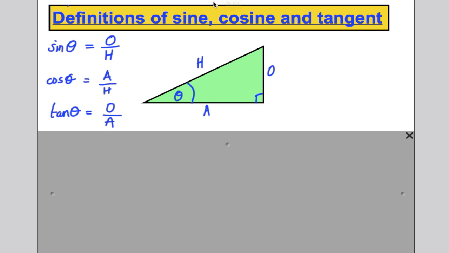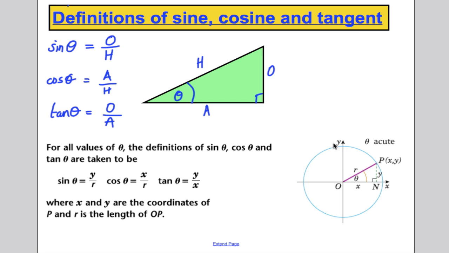Let's extend these definitions of sine theta, cos theta and tan theta so that theta doesn't have to be an acute angle. It doesn't have to be between 0 and 90 degrees, and this is how we would do it. Imagine you had a circle of radius r centre the origin, and you drew a line from the centre to the circumference of the circle, and that's obviously of length r, that's a radius, and you constructed yourself a right angled triangle using that.